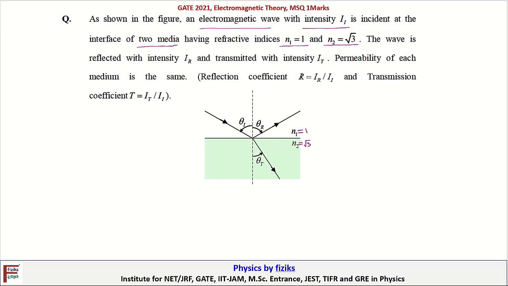The wave is reflected with intensity IR and transmitted with intensity IT. Permeability of each medium is the same, and the reflection coefficient R is IR by II and the transmission coefficient T is IT by II.